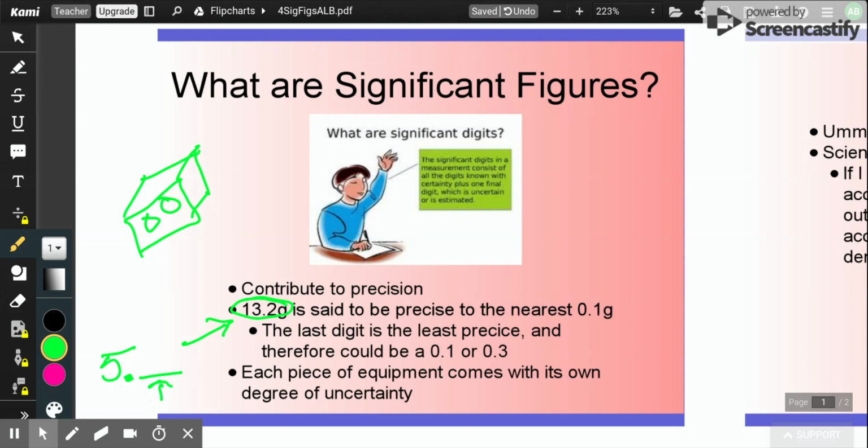And that's going to be the one that I decide. Is it 5.5 bricks? Is it a third of a brick? Is it a quarter of a brick? That's going to be my decision. With digital balances, they do that for you. So in the case of the 13.2 number, that 0.2 is estimated by the piece of equipment.